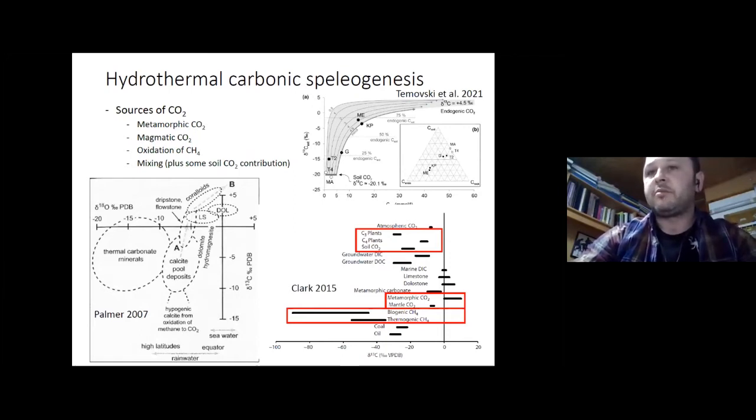For example, the metamorphic CO2 will have generally positive values above 0 per mil. On the other hand, the soil signature, the soil CO2, what also Bogdan was talking about, the CO2 formed from C3 plants or C4 plants, will have much more negative values.